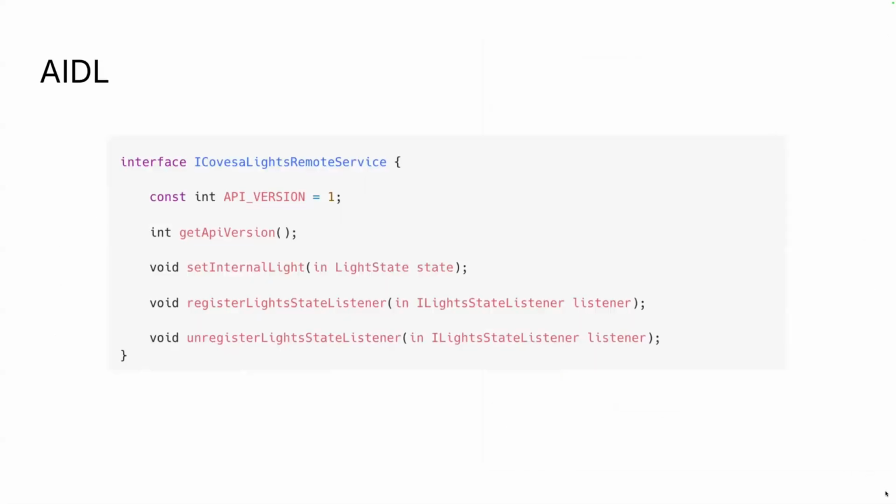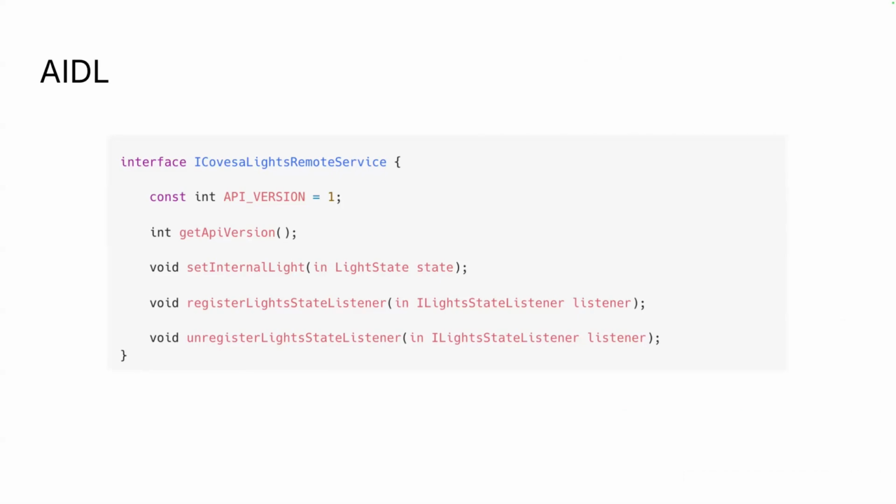Okay. So speaking about some of the implementation details, this is the current version of the AIDL for this light remote service. As mentioned, it gives an API version, which at the moment is just static, just one, and then it has, let's say, three main methods.